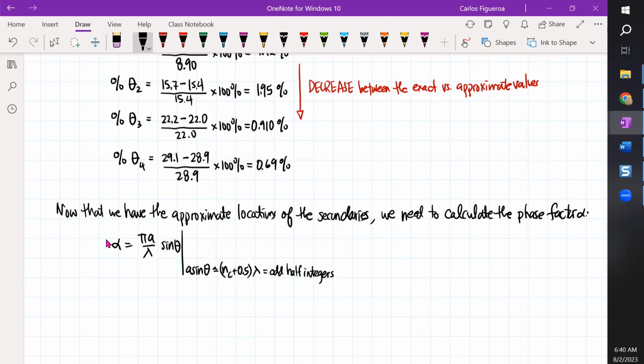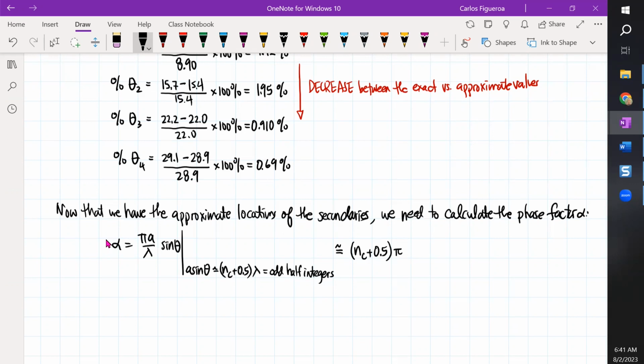If these are odd half integers, that's when sine of theta is always 1. So now if I plug these in, remember this is approximate, this is going to be NC plus 0.5 pi, because remember I got a sine theta is now NC plus 0.5 times lambda.